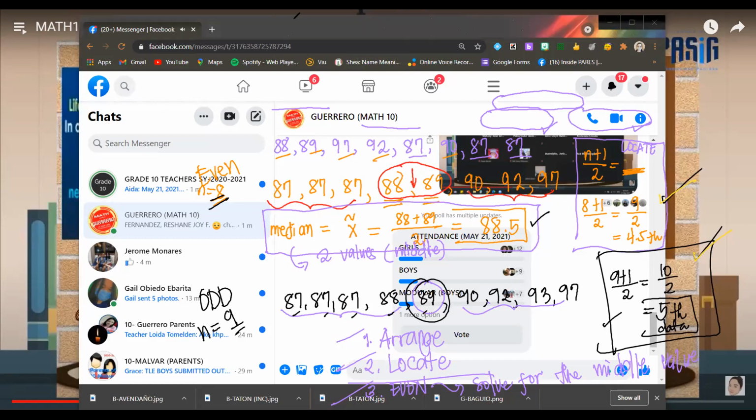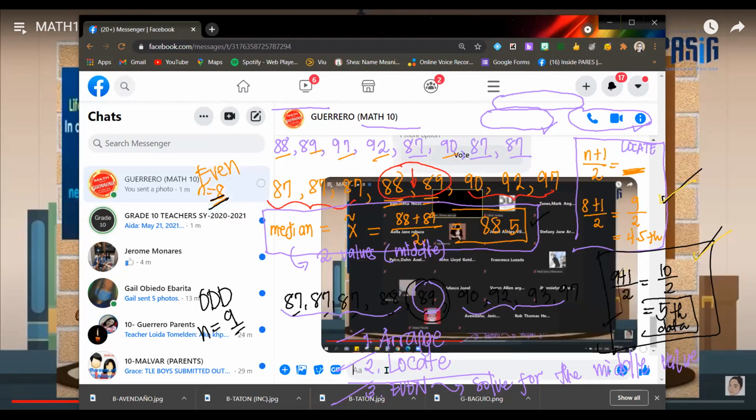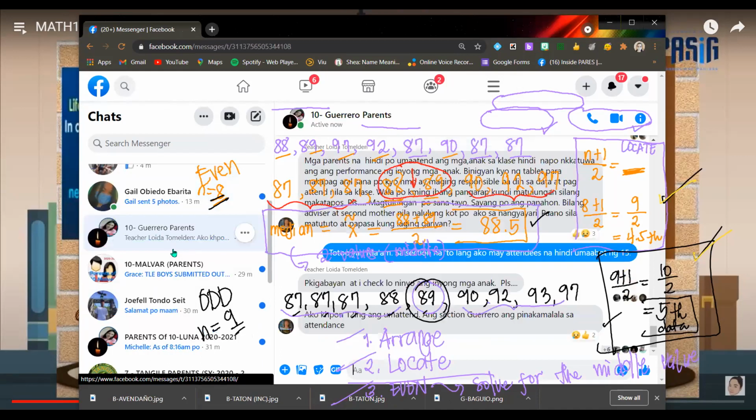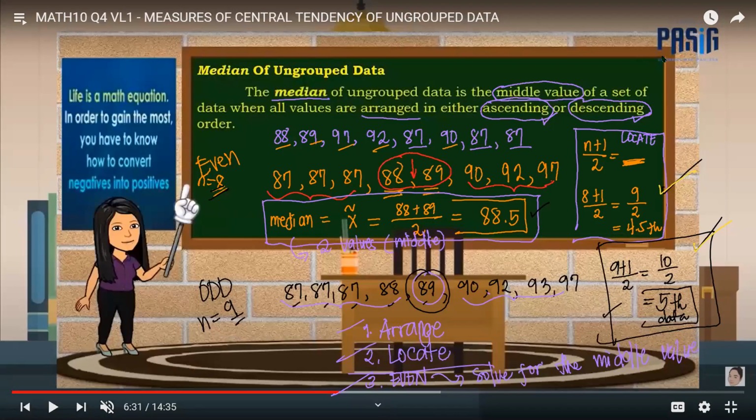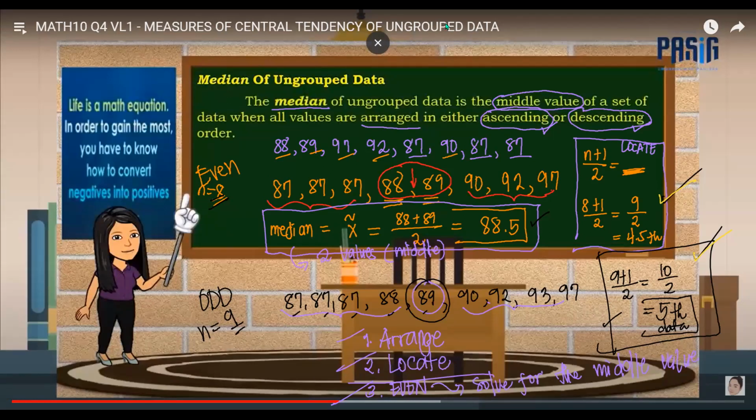Wait lang, ah. Let me clear all the drawings.